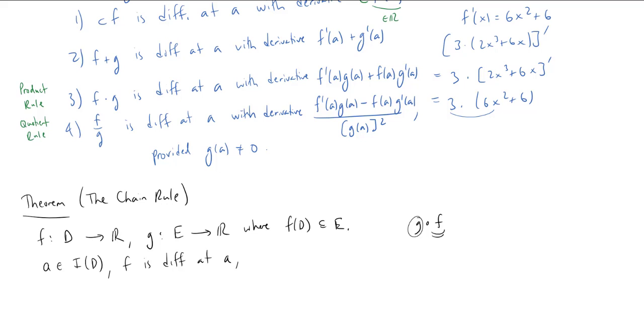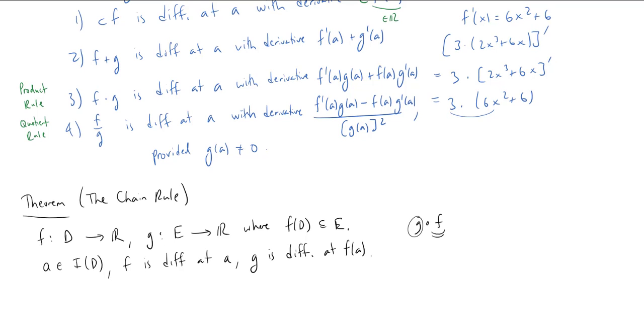But that doesn't typically make any sense because a is in D, and we don't know anything about D being in E. We only know that the image of f is in E. So we're not going to assume that g is differentiable at a. Instead, we're going to assume it's differentiable at f of a, which is fine because that's how we get anything into g anyway. We put a into f, and now we have f of a, and we put f of a into g. All right, so we have this.